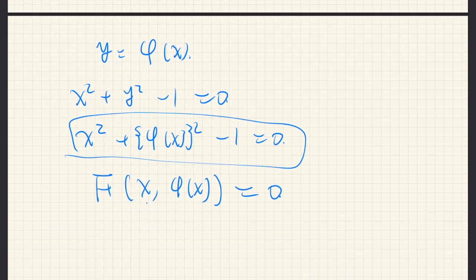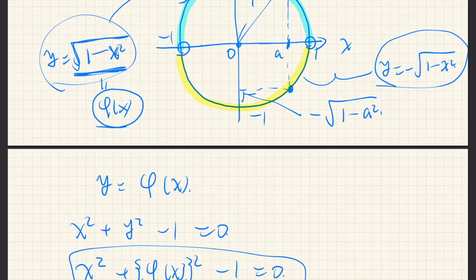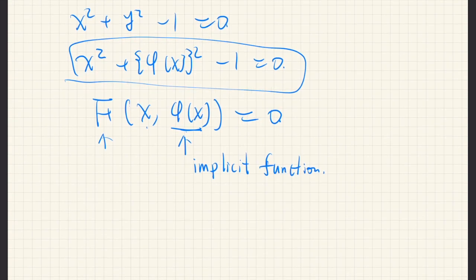Then this function phi of x is called an implicit function of this capital F. And of course, negative square root of 1 minus x squared is another implicit function of F in this case.